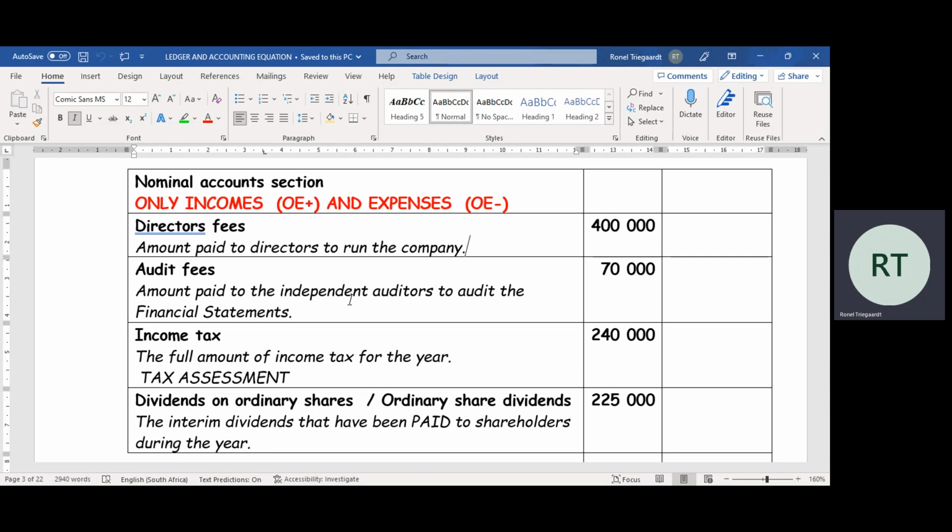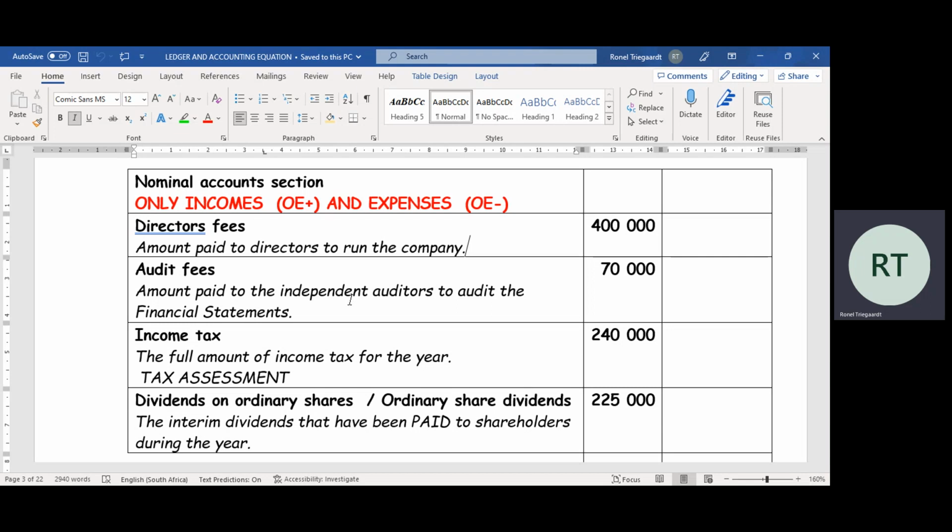That person is working for the shareholders, reports to the shareholders, but the company pays that person. Which can be a conflict of interest. If you think about it carefully, the independent auditor is paid by the company, but he does not work for the company, he works for the shareholders.